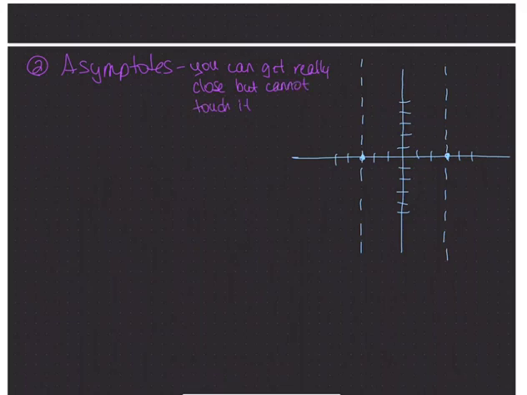You can't touch it or go through it, right? And then we know on this one, these are our vertical asymptotes, right? Because we were talking about those x values from our domain. So our vertical asymptotes are when x equals -3 and when x equals +3.